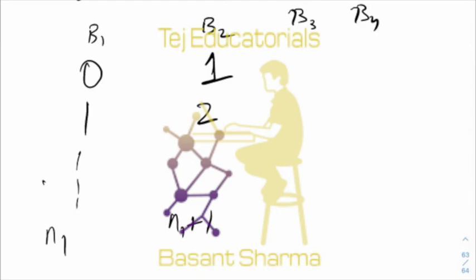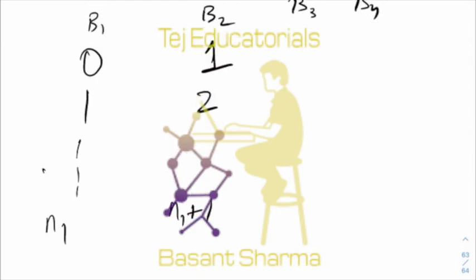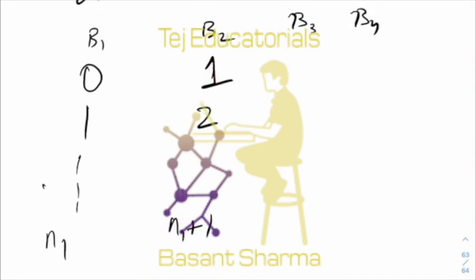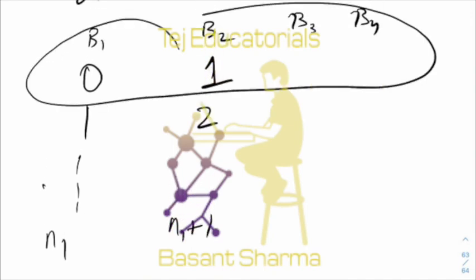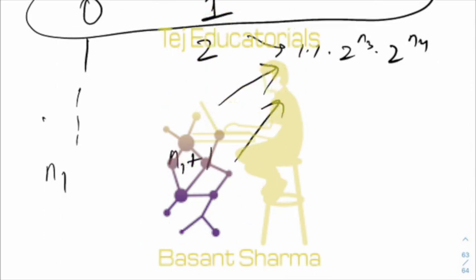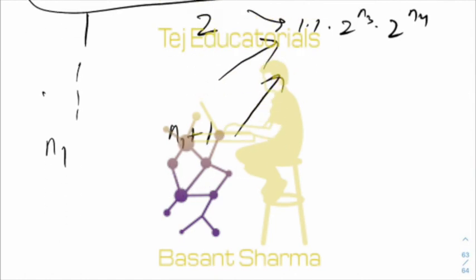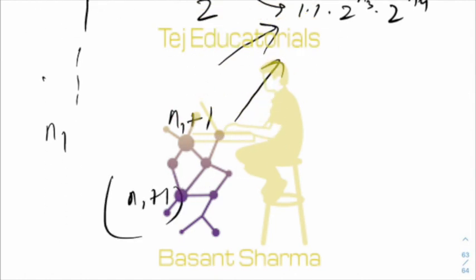It is totally arbitrary. So for this case the answer is 1 into 1 into 2 to the power n3 into 2 to the power n4, and for each of these cases the same answer would apply. So the final answer would be n1 plus 1 into 2 to the power n3 into 2 to the power n4.